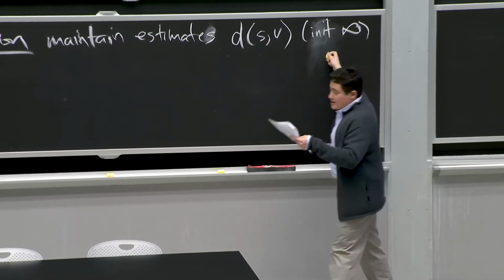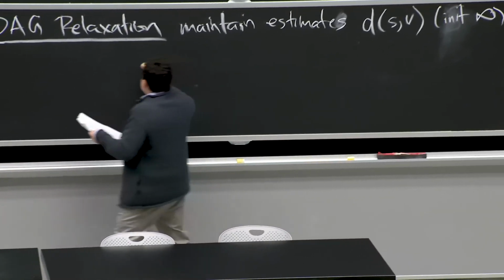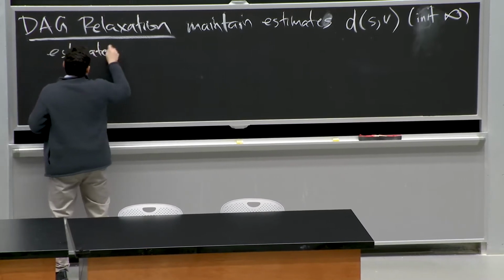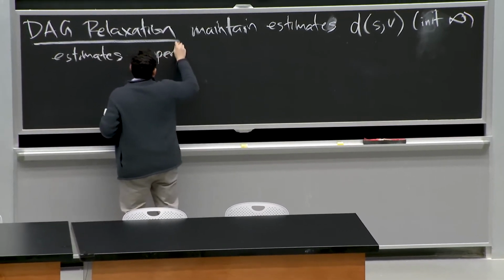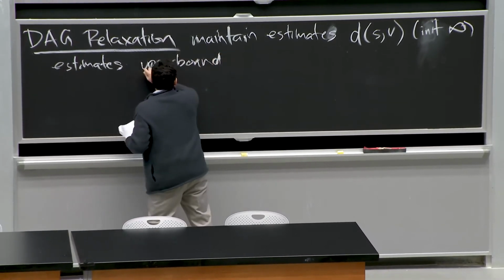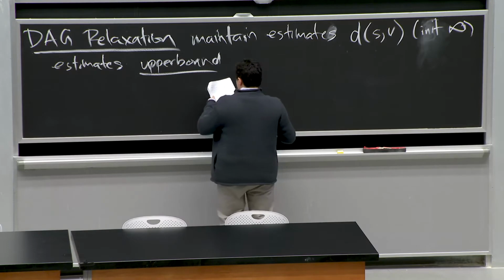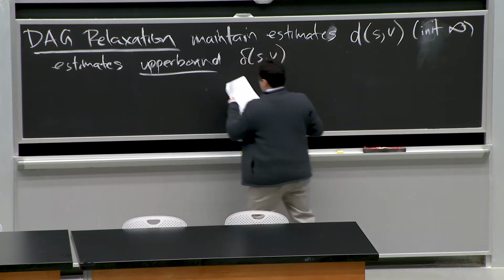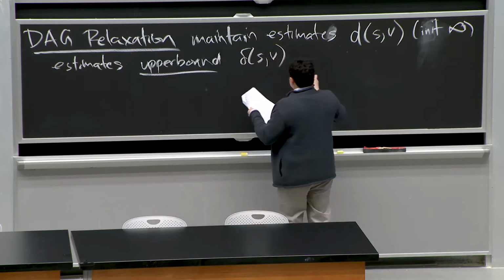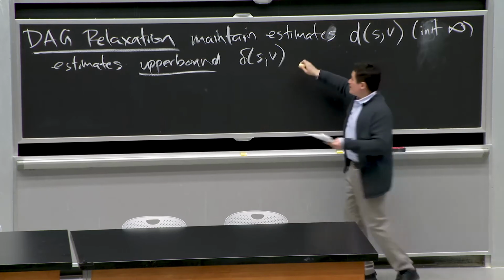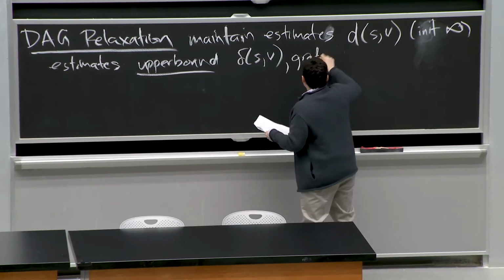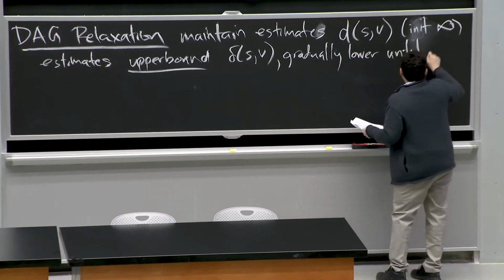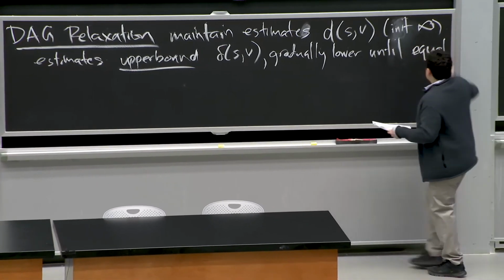For every vertex, we're going to maintain the property that the estimates are an upper bound, delta of s v. We're going to maintain that they upper bound this thing and gradually lower them until they're equal. Okay? So this is the idea.